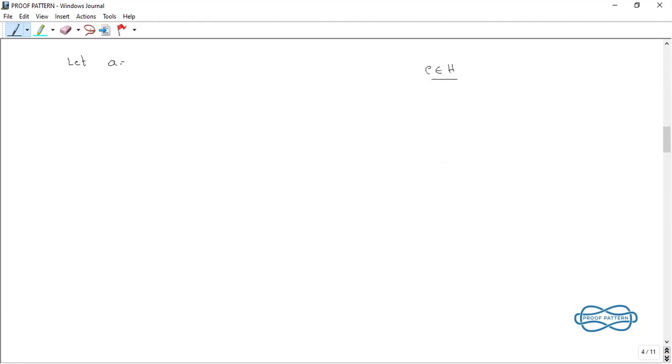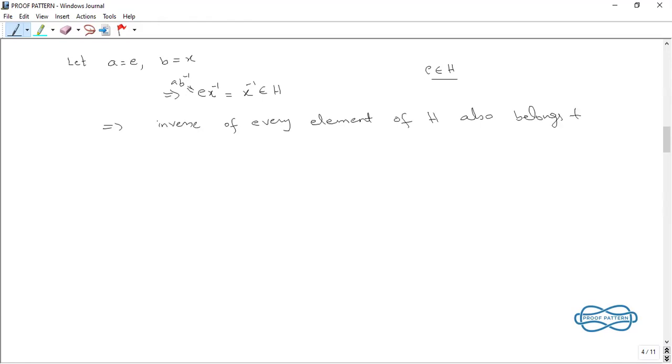Now let A be equal to E and B be equal to X, where X is any element in H. Then according to the given axiom, E X inverse, which is A B inverse, equals X inverse, and it belongs to H. So this means the inverse of every element of H also belongs to H.